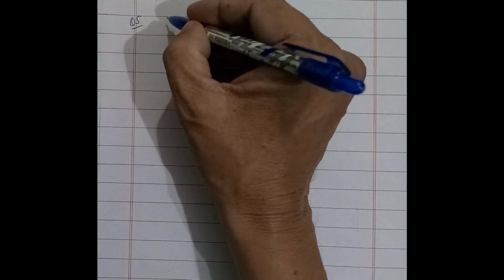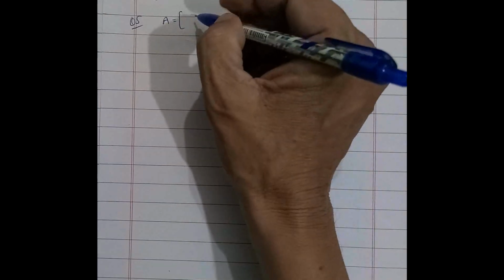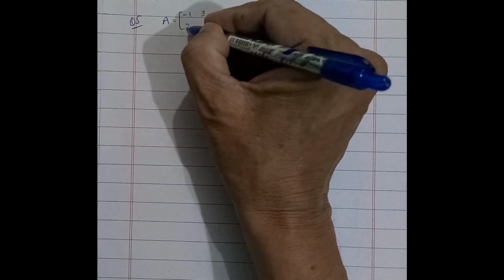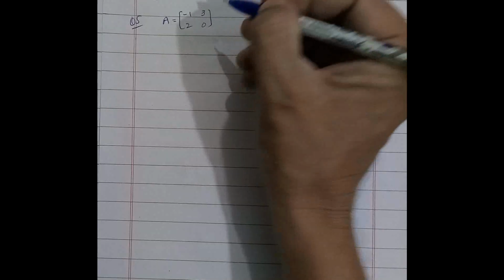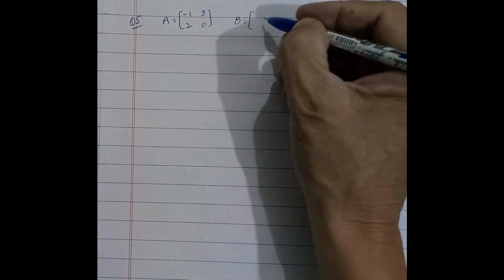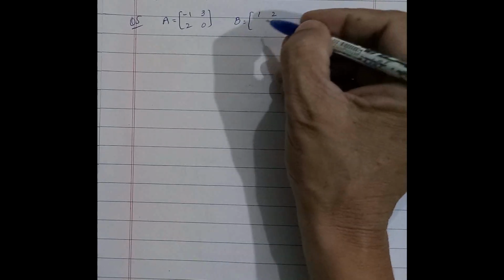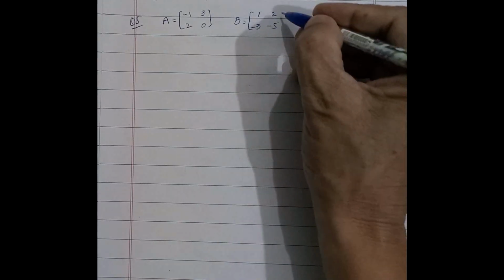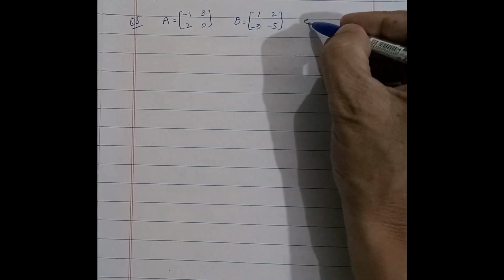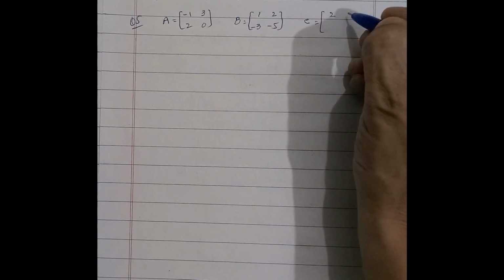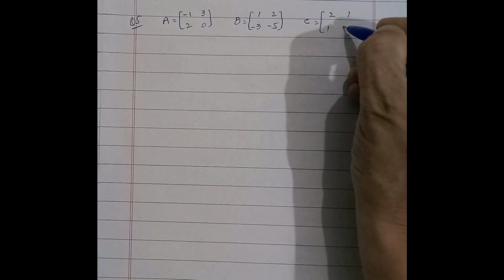In question 5 there are three matrices: A matrix, which is -1 3 2 and 0, and B matrix, which is 1 2 -3 -5, and the third is C matrix, which is 2 1 1 and 3.